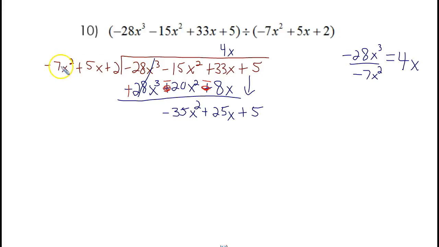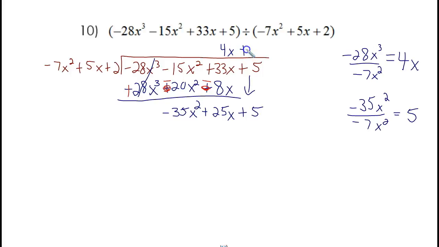So we divided, multiplied, subtracted, brought down. We start the process all over again. This time, how many times does negative 7x squared go into negative 35x squared? The x squareds cancel out, the negatives cancel out. 35 divided by 7 is positive 5.